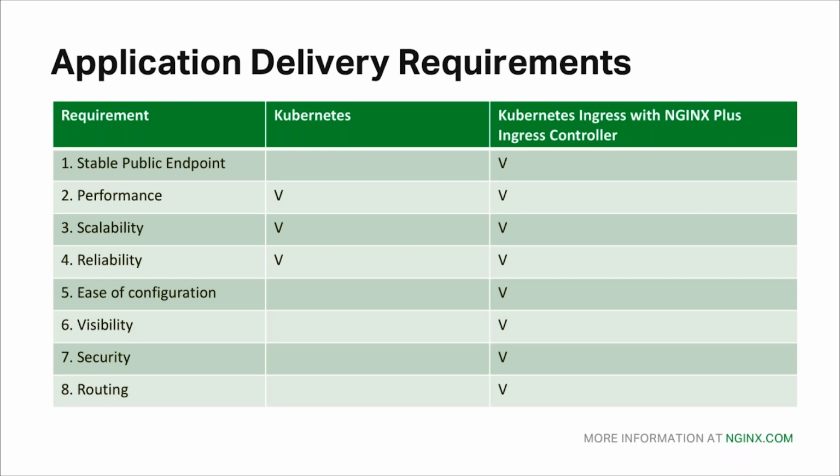And finally, the Ingress resource allows us to route requests to our application using layer 7 rules. So as we see, all of the requirements were successfully addressed.